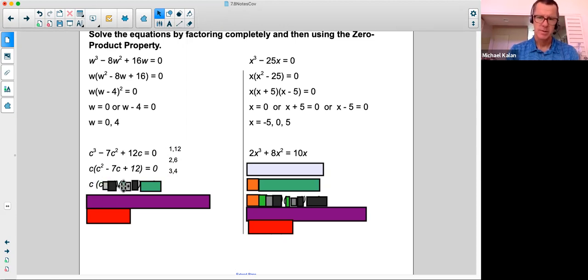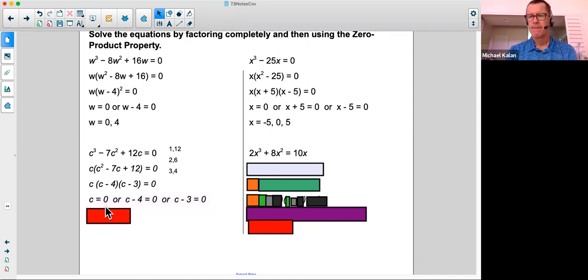C and C. Signs: last term is positive, remember, so that means either 2 positives or 2 negatives. So I'm going to go 2 negatives because the middle term is negative. And then, how am I going to get to -7? Well, I could put in a -4 and -3 or -3 and -4. It doesn't matter the order. And remember, this is still equal to 0. Zero product property. So c equals 0, 3, and 4. So hopefully you got that one.